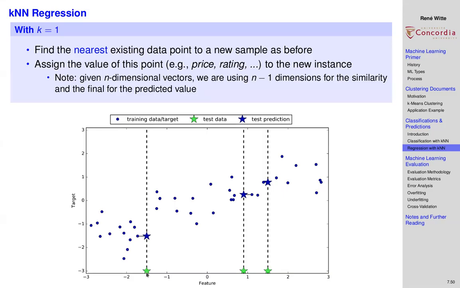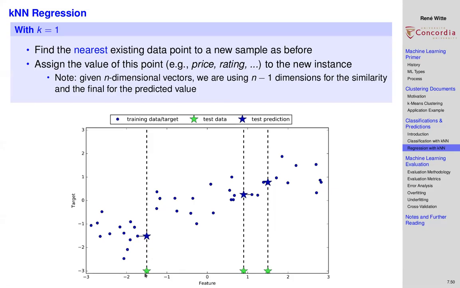And now for a new sample, these 3 samples here, we want to predict for a given x what is the output value y. So this could be some input value and you want to predict something here. It could be a price, could be a rating, it doesn't really matter. It depends on the data that you have.